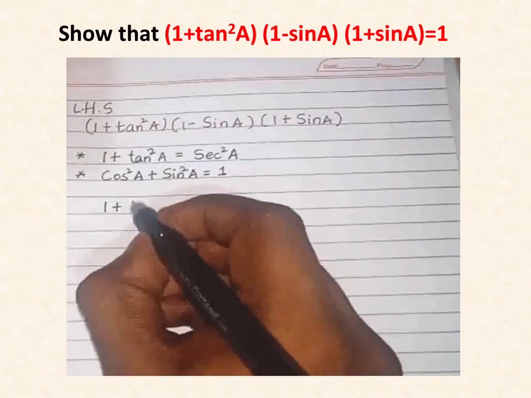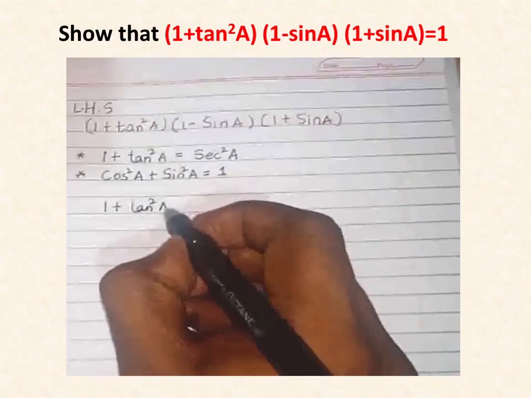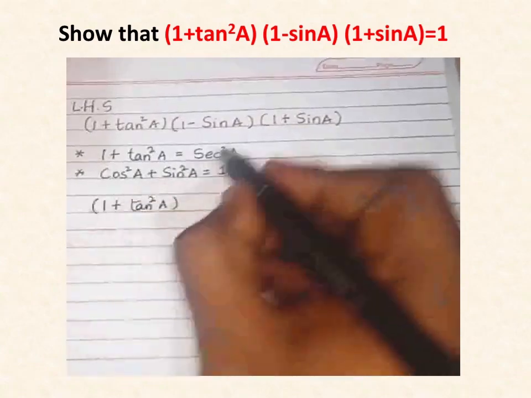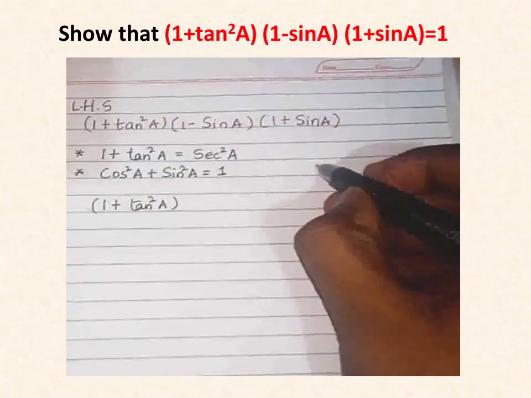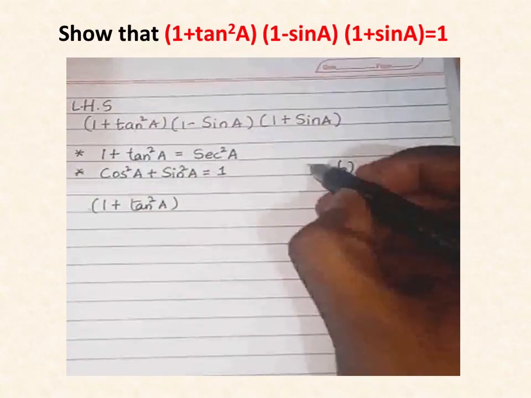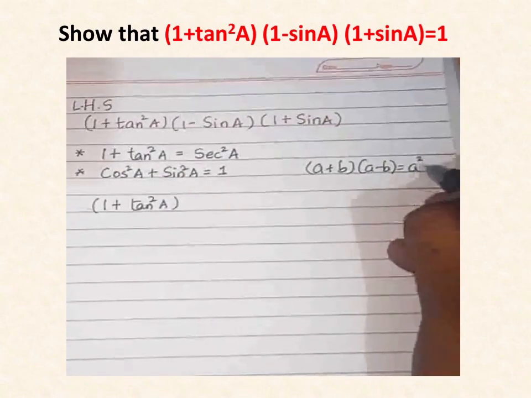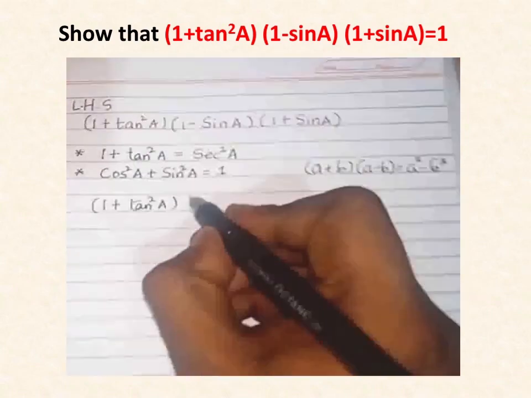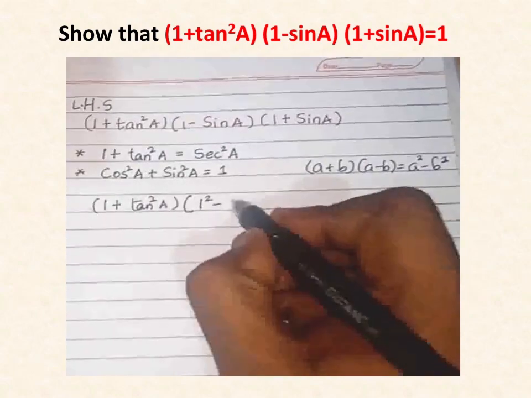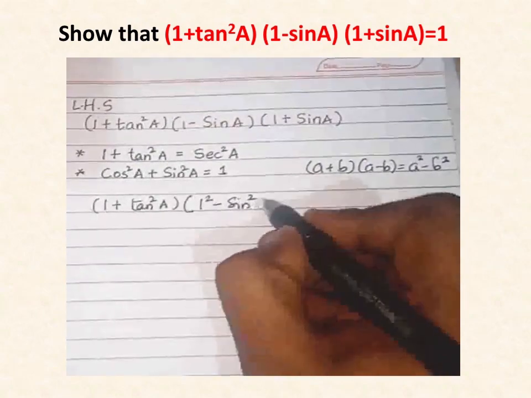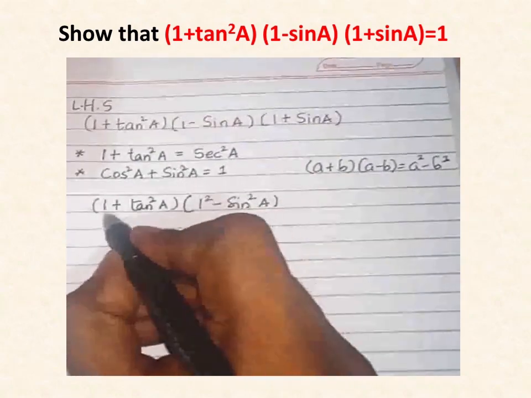Now 1 plus tan square A into 1 minus sin A into 1 plus sin A, it is of the form A plus B, A minus B, which is equal to A square minus B square. Value of A is 1, value of B is sin A. So it becomes 1 square minus sin square A.